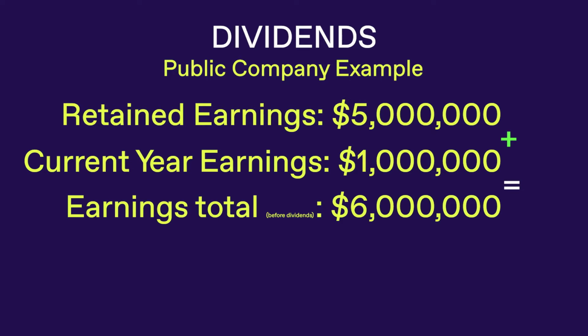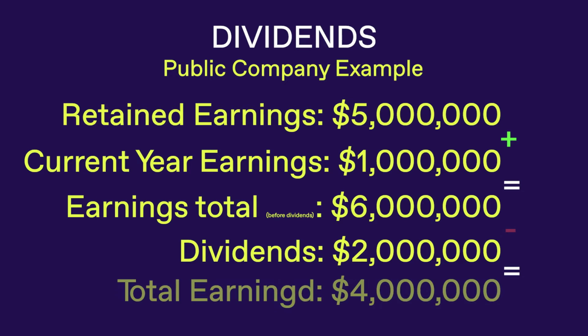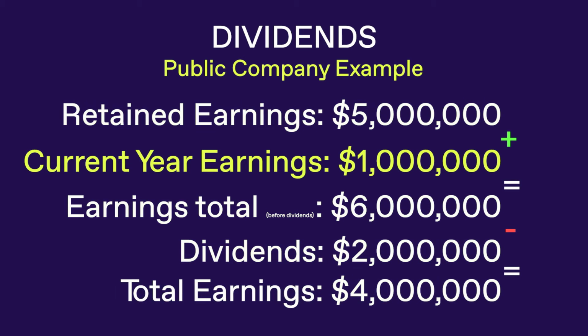If that public company decides it's going to pay out $2 million worth of dividends, your total earnings and current year earnings available will be $4 million. It's $1 million current year, $5 million retained, which gives us $6 million. Pay out a dividend of $2 million leaves you with $4 million. That is very simple in a public company for one reason, is shareholders can't take money out of the company at their own volition and at their own discretion.